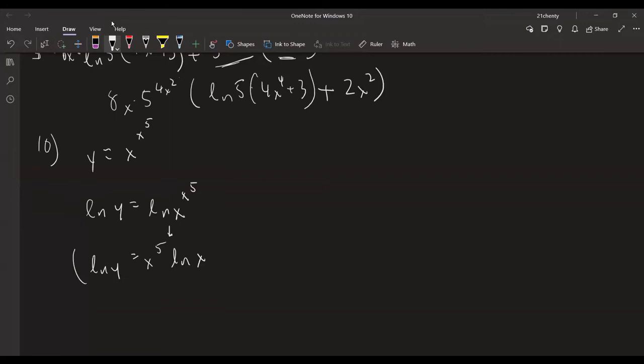Now we just take the derivative of both sides and we get that equals, and then we do a product rule here, plus x to the fifth over x, which is just x to the fourth.